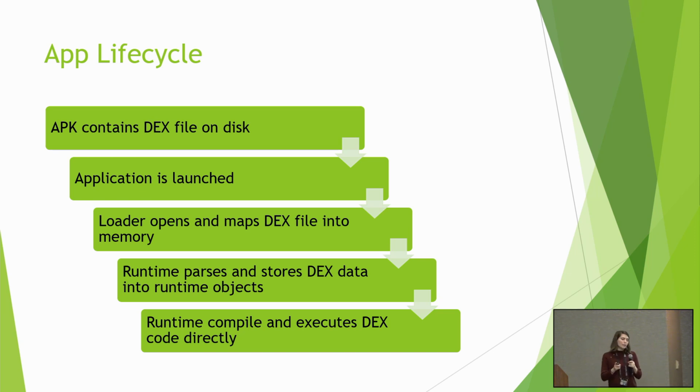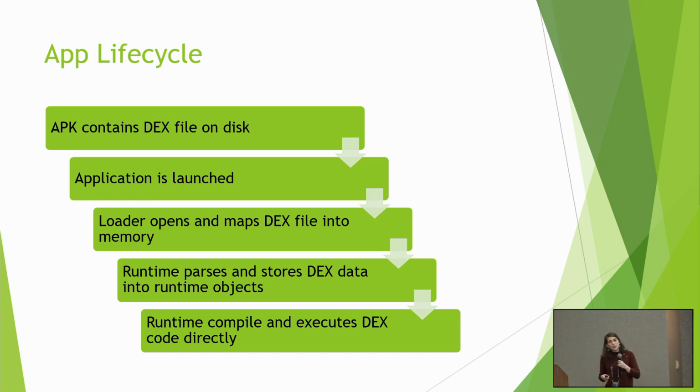The user hits that button on their home screen and actually launches the application. And then that triggers something called the loader to take all of that data related to that APK, in particular the dex file, and map that into memory. So you can't directly execute a file from disk. You have to map it into memory before you're able to execute that on the underlying processor.